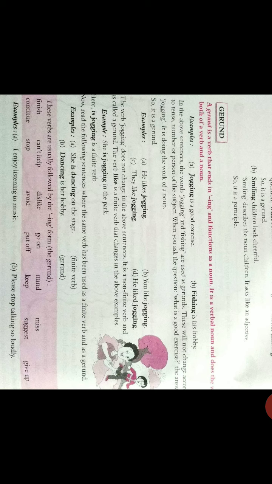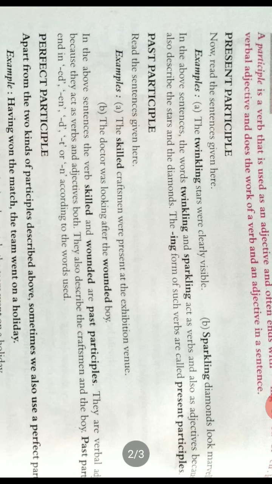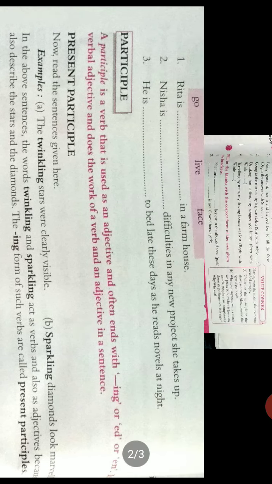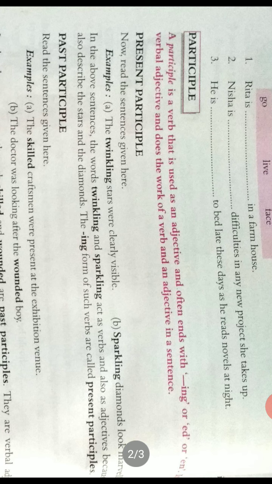And now moving on to participle. Now, participle is a verb that is used as an adjective and often ends with ing or ed or en according to the tense. The difference between gerund and participle is that gerund ends with ing and does not change according to the tense, whereas participle can change.